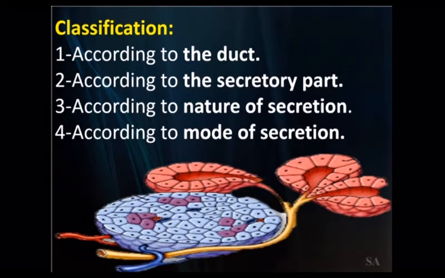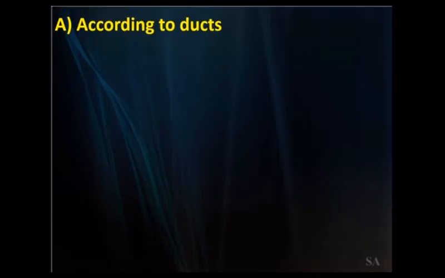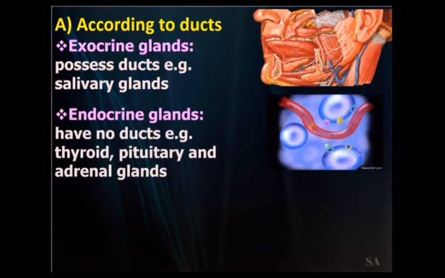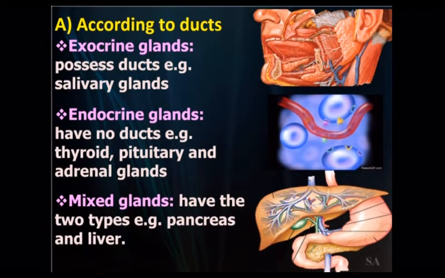According to presence or absence of a duct, exocrine glands possess ducts, like the salivary glands. Endocrine glands have no ducts, like the thyroid, pituitary, and adrenal glands. Mixed glands have 2 types, exocrine and endocrine, like the pancreas and liver.